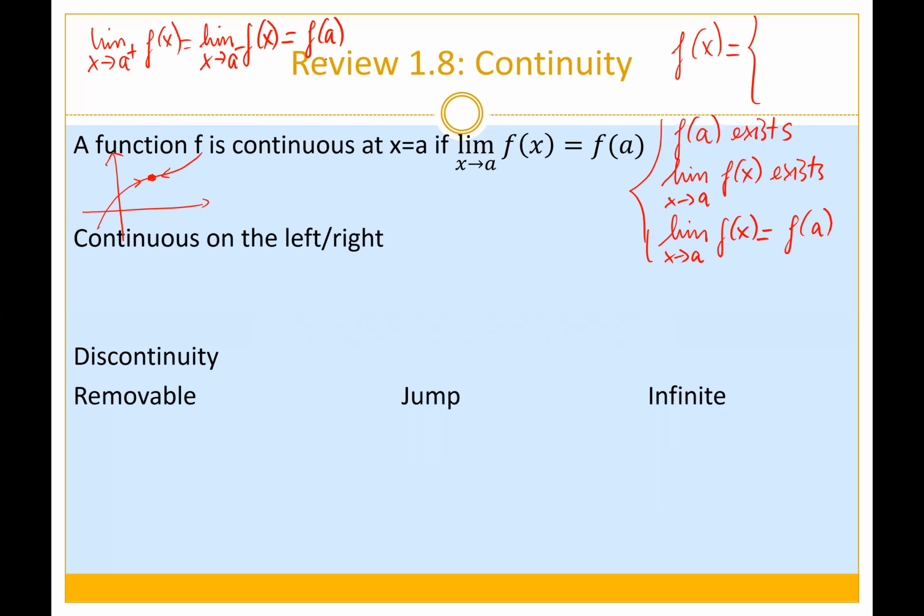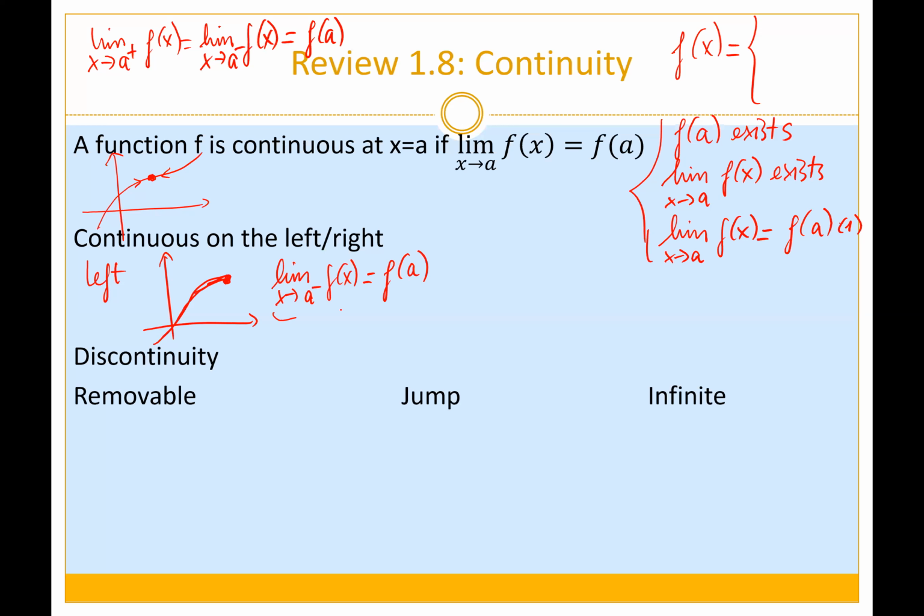And then you have the notion of continuous on the left and on the right, which just replaces this last condition. On the left, this is the point, and you go through to that point. Sorry for the mistake in that drawing, I tried to make a smooth curve. What you do is take the limit of x approaching a minus of f(x), and make sure that it equals f(a).